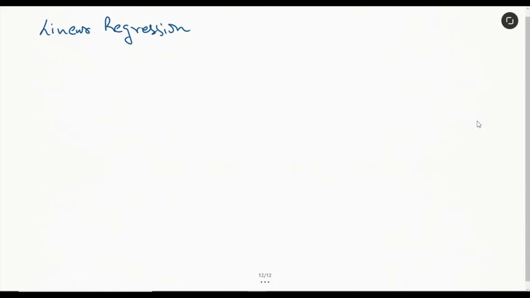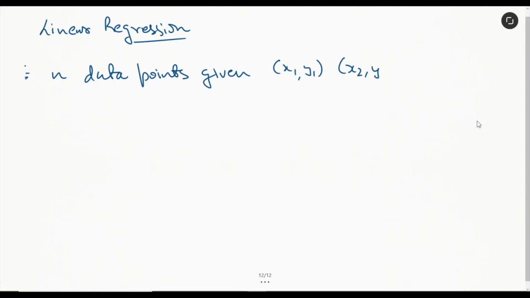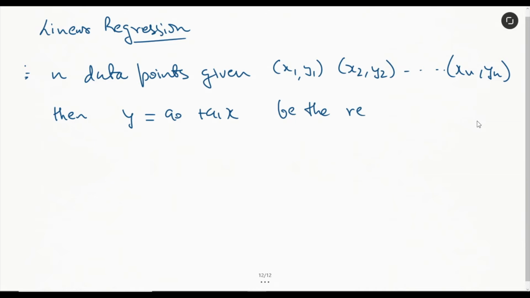Of course it can have more independent variables, but let's say we have one independent and one dependent variable, and let's say we have n data points given, like x1 y1, x2 y2, and like that xn yn, and then y equal to a naught plus a1x be the relation by the regression model.